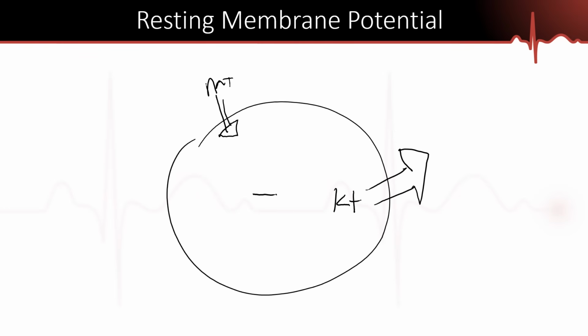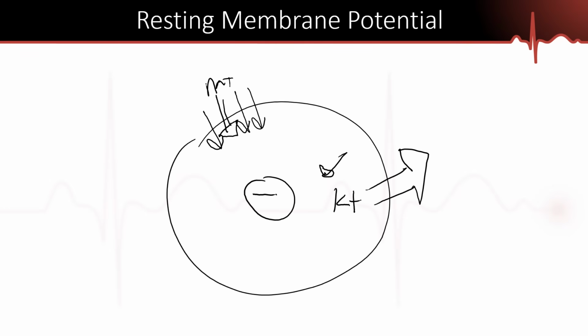That's made the interior negative because the cell's losing more positively charged ions than it's gaining, and by consequence, that negative electrical driving force that's developing is pulling potassium ions backwards, slowing down the rate that potassium ions can leave, and that negative electrical driving force is pulling the sodium ions inward to a greater degree and increasing the rate at which sodium can enter.